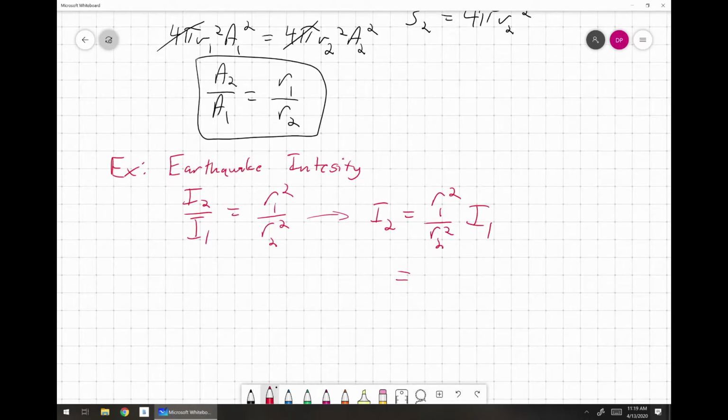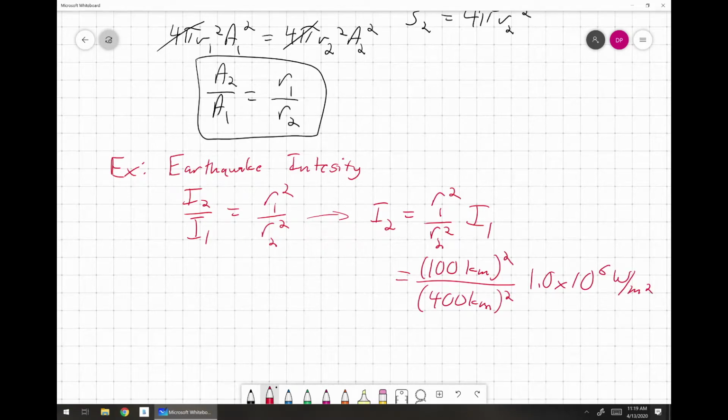The ratio of two lengths should be the same regardless of what units they're in, so as long as these two have the same units, we don't have to convert. So we have our 100 kilometers squared over our 400 kilometers squared times our 1 times 10 to the 6 watts per meter squared.